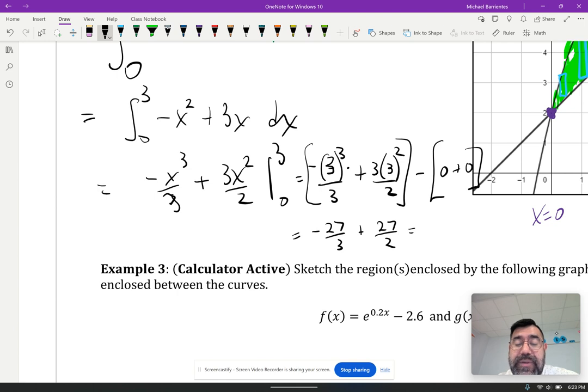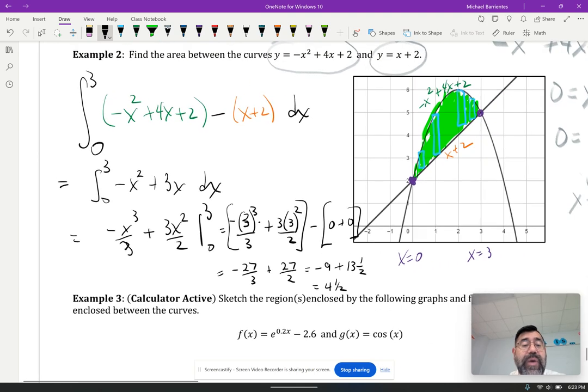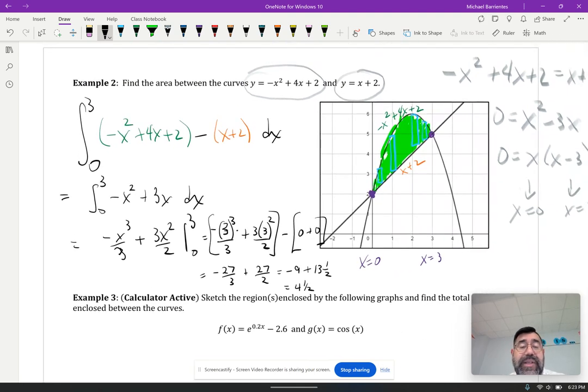Let's see, we said this was negative 9 plus this is 13 and a half. So my final answer is 4.5. And we're done with finding the shaded region between the two functions.